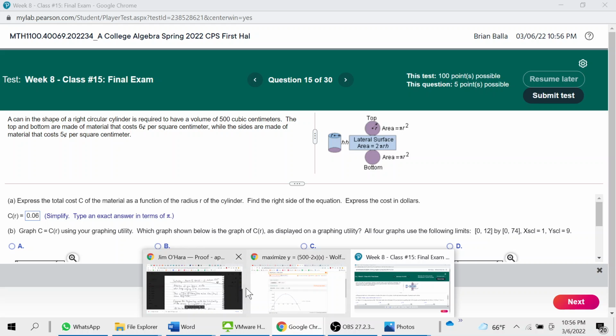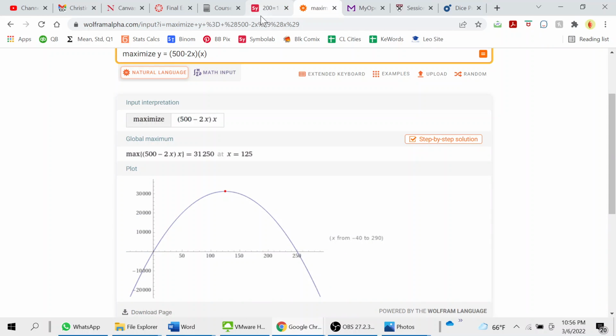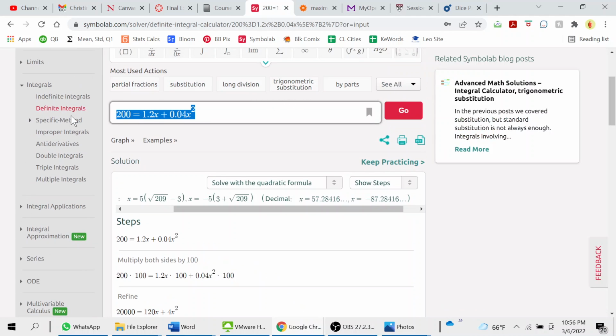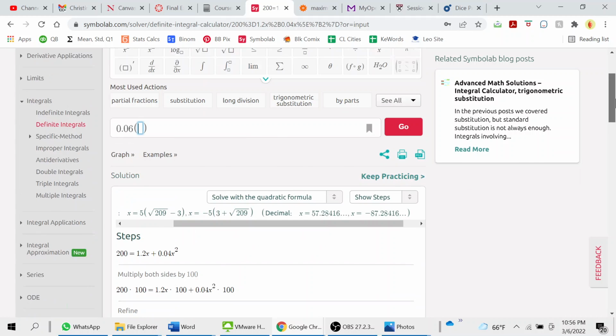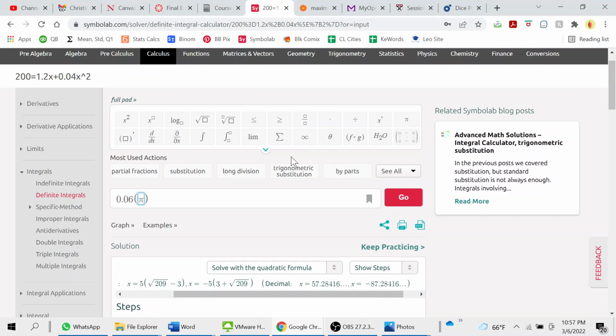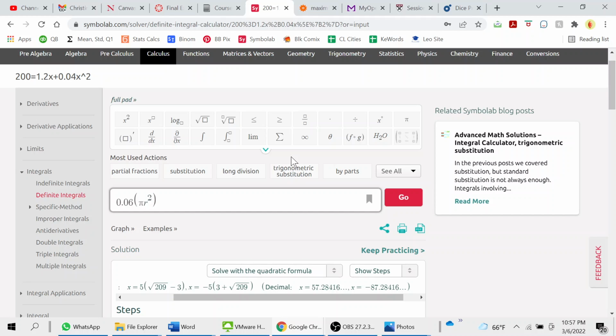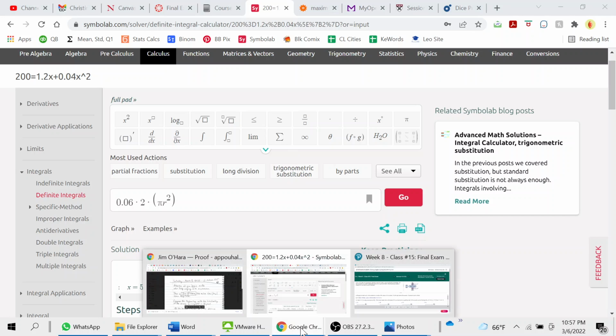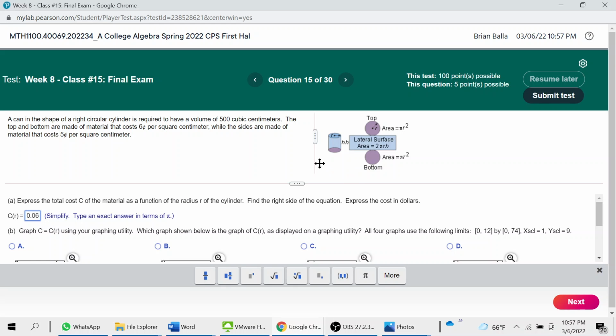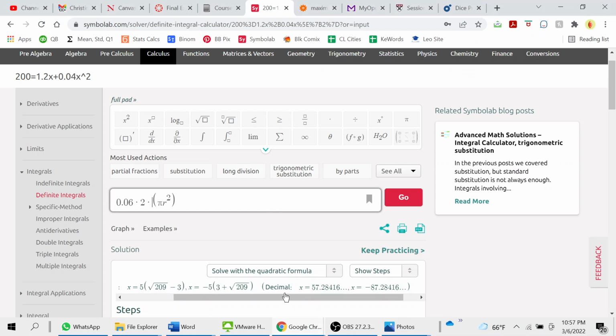Let me go back here to the software and do this. 0.06 times pi radius squared, and this is times 2 since it's a top and bottom. And the sides, the lateral surface, 5 cents per square centimeter, so plus 0.05 times 2 pi r h.